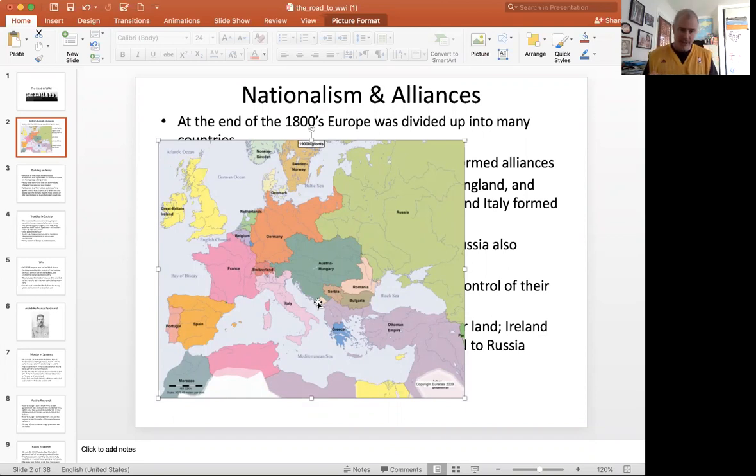And the question then comes, who controls this land? Now, if you remember, the Russians were culturally connected to the Romanians, to the Bulgarians, to the Serbians. These were Slavic people who spoke a Slavic language, who had shared Slavic cultural traditions. In the same way, the Austrians and the Germans had shared German culture.